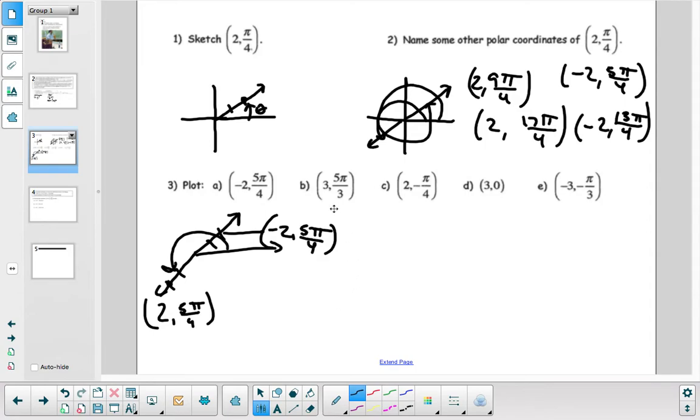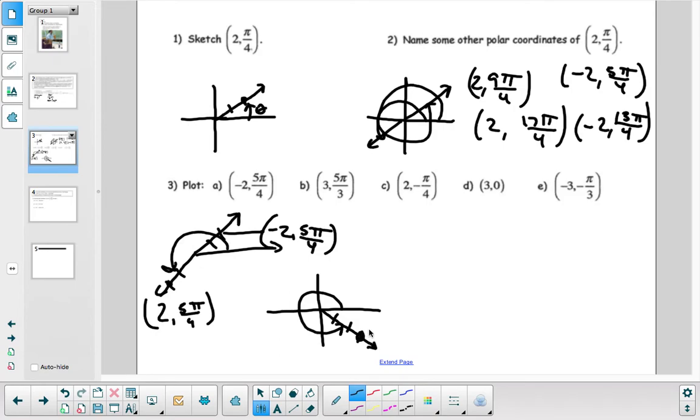Okay. I'm going to do (3, 5 pi over 3) down here. 5 pi over 3 is going to be over here. So we're going to draw the angle like so. And then we go 1, 2, 3.